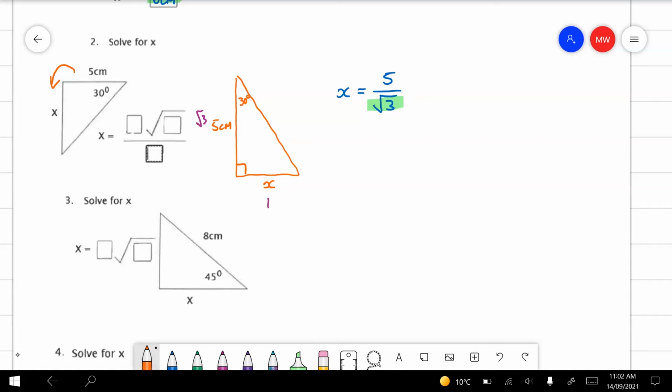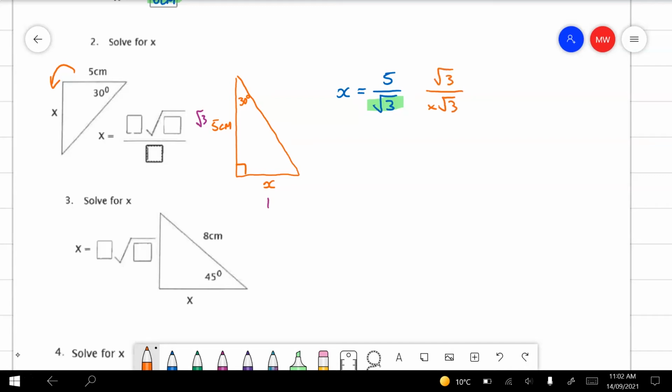So usually they'll get you to move those, which is why this question here has got such an unusual format for the answer to be written in. The way to do that is we can remove that root 3 by multiplying by root 3, but anything I do to the bottom I have to do to the top.